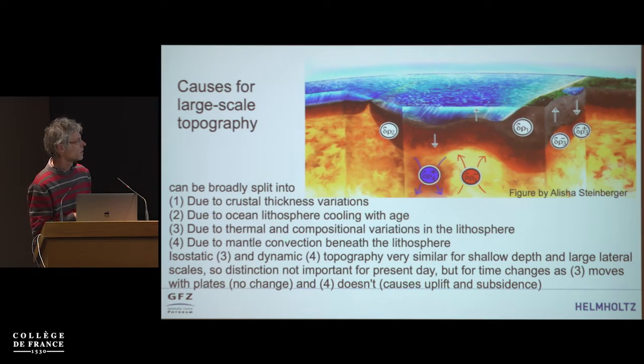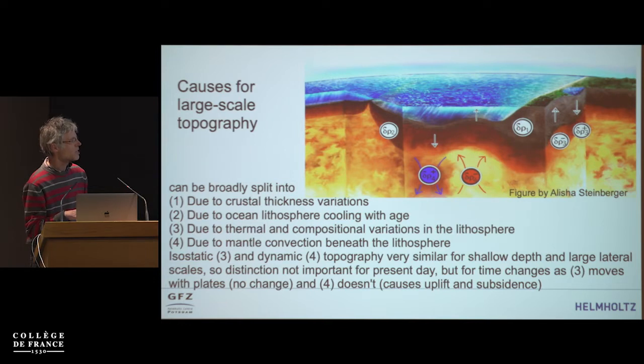Fourthly, there is the contribution from mantle convection beneath the lithosphere, which is the most obvious contribution to dynamic topography. At shallow depth, isostatic and dynamic topography are very similar, so it's not important to make the distinction for present day.